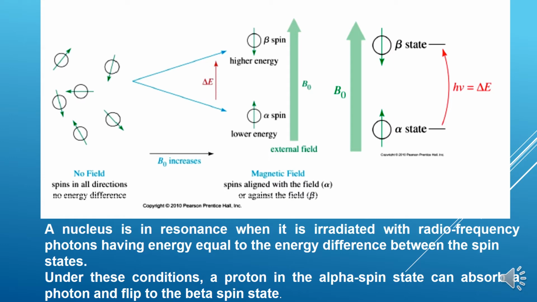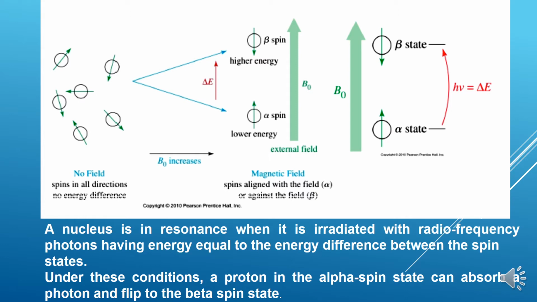In the earlier slides, we mentioned that nuclear spins exist in two states, alpha and beta. Usually alpha states have lower energy than beta states. These two states are separated by a certain energy, that is delta E.